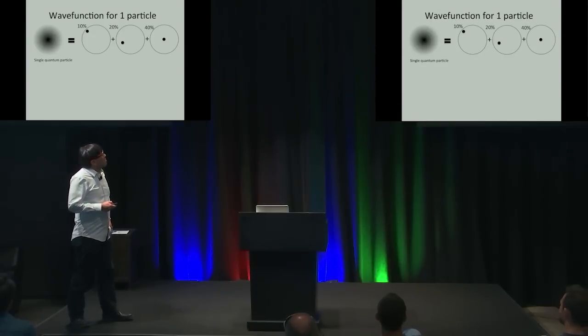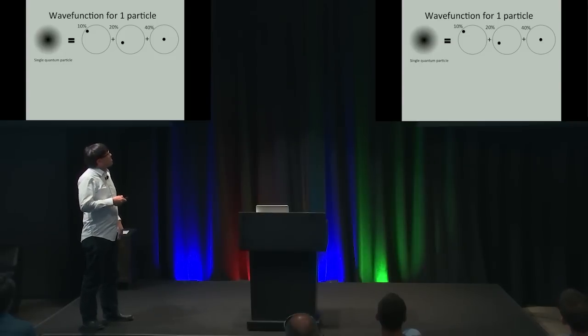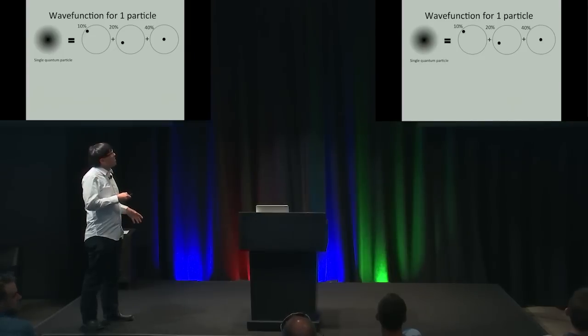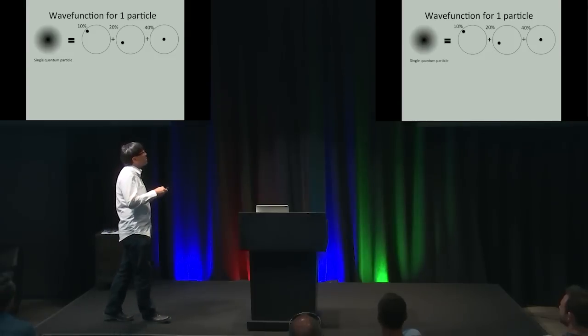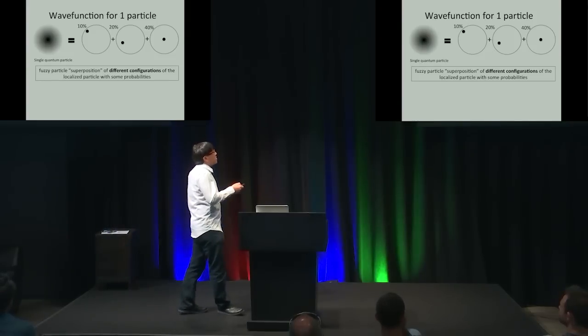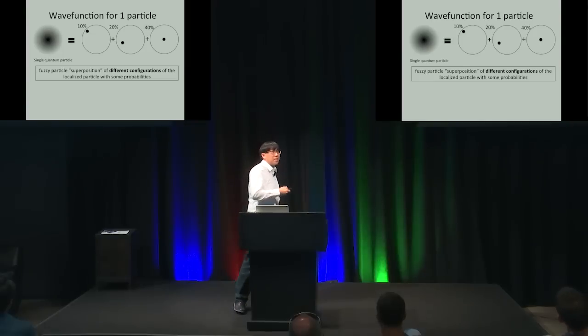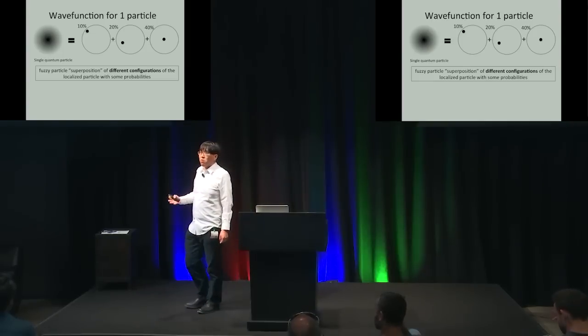So another way that we can think about this fuzziness is that really the particle is a combination of different scenarios for different measurements. So a single particle, if you carry out a measurement, might seem to be here 10% of the time, and here 20% of the time, and here 40% of the time. And so I can actually think of a particle as being a superposition of all these possibilities weighted by some probabilities.